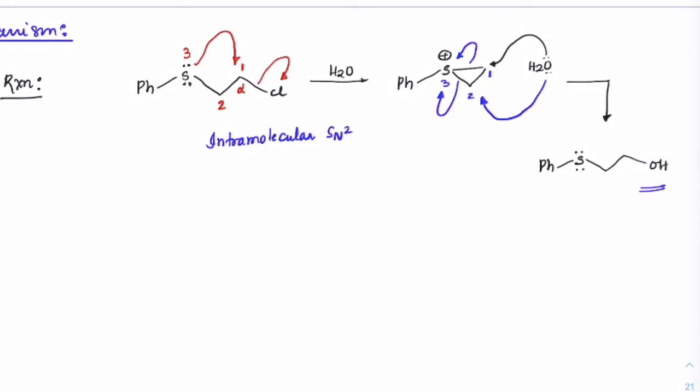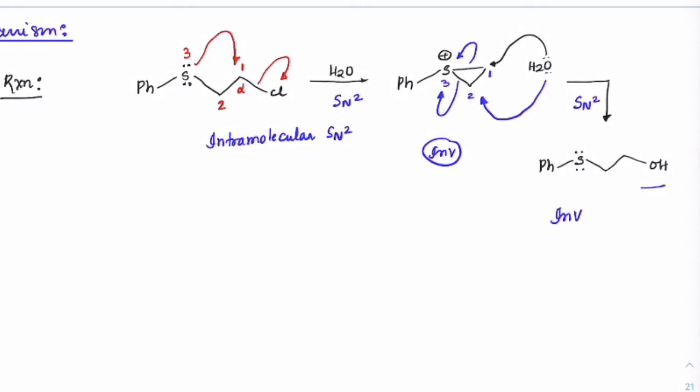So what happened here? Observe. First, an SN2 mechanism has taken place, which is intramolecular. Again another SN2 has happened. When the first SN2 happens, usually we expect an inversion of the configuration. Again one more SN2 is happening, one more inversion is happening.